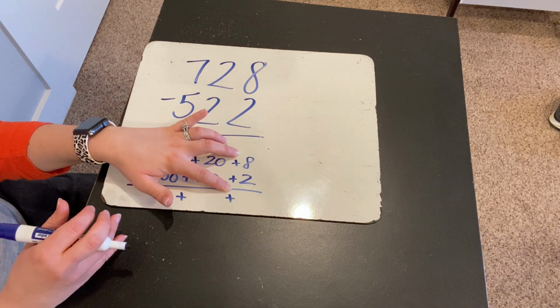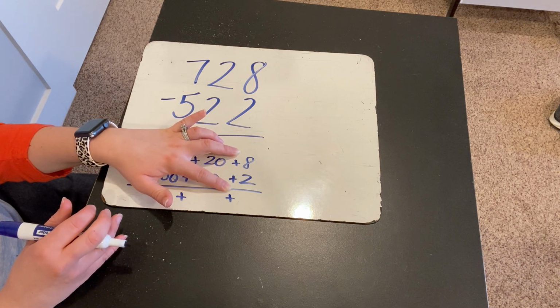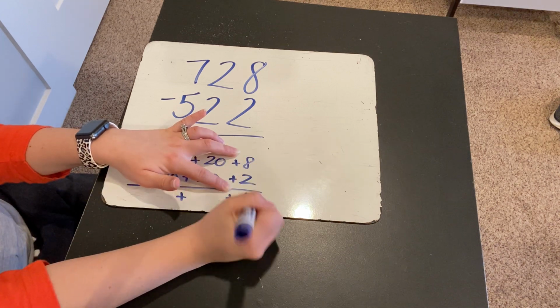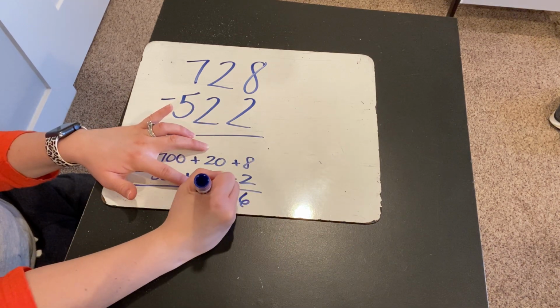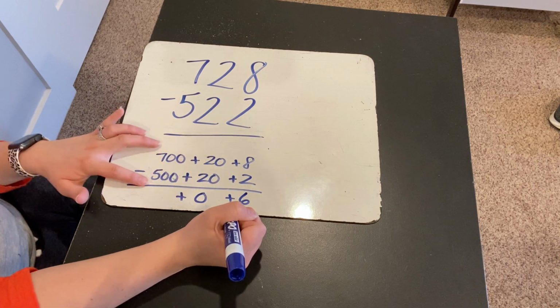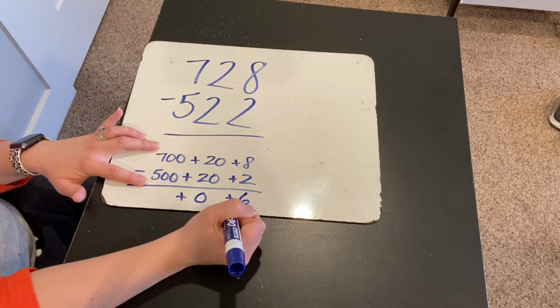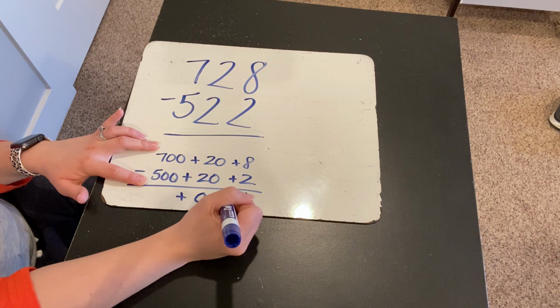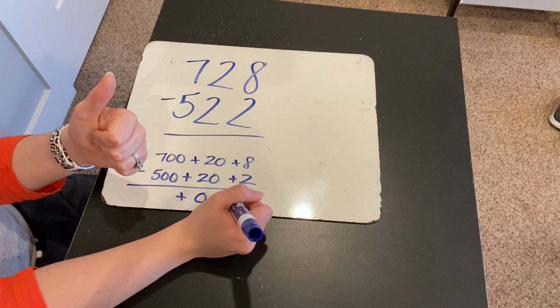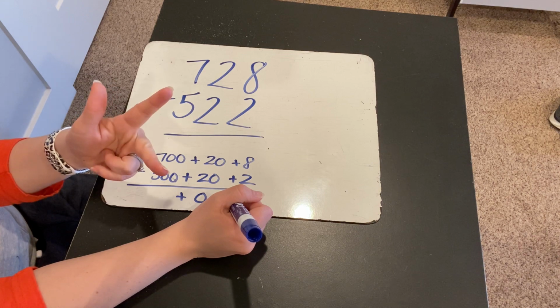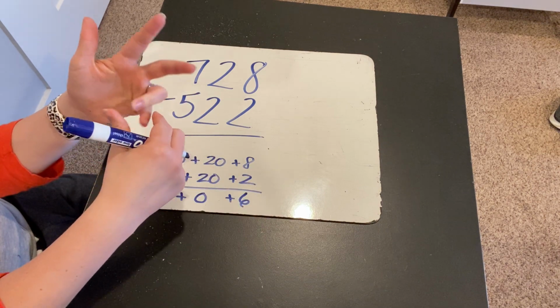8 take away 2 is 6. 20 minus 20 equals 0. 700 minus 500 equals, well, let's count. 700, 600, 500, 400, 300, 200.